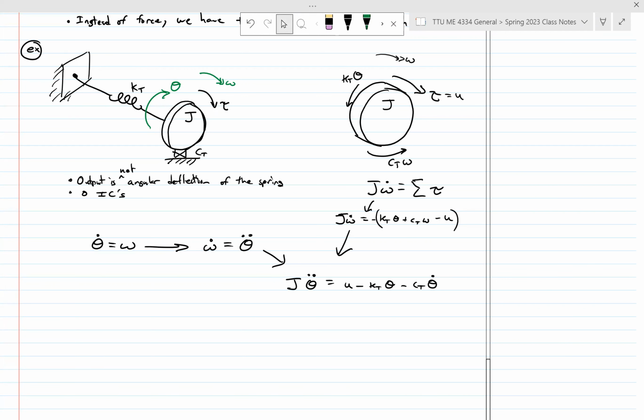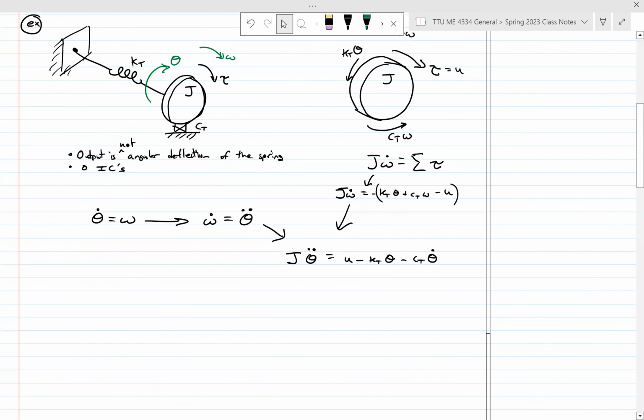All right, from here, we're getting close now. Laplace transform. Now it's time for the Laplace transform. Second order derivative, two S's.